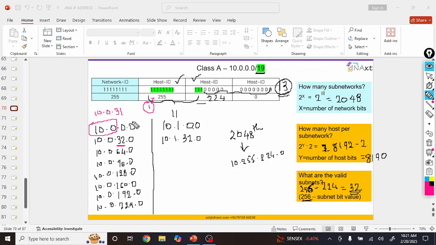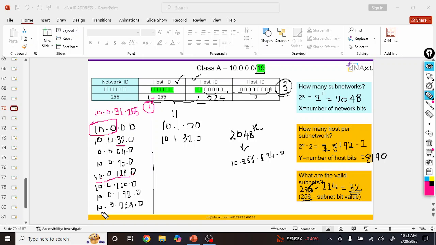The previous number of the next network ID will come in the increment octet of the broadcast ID, and since the last octet is purely host, you will write 255 over there. Clear?